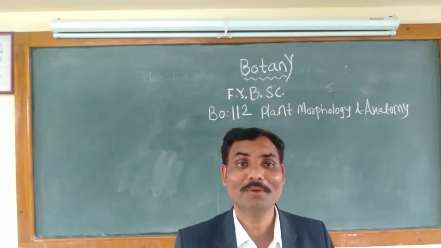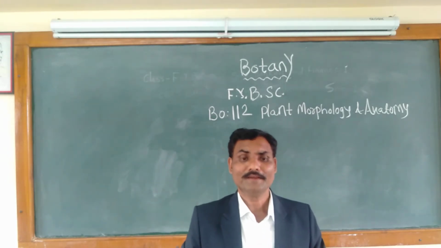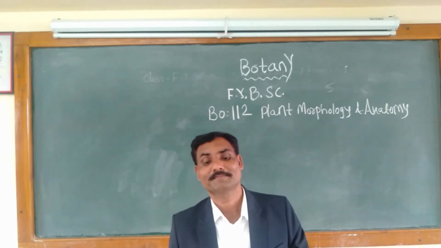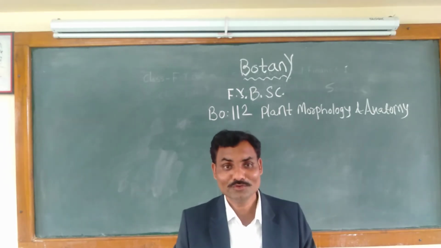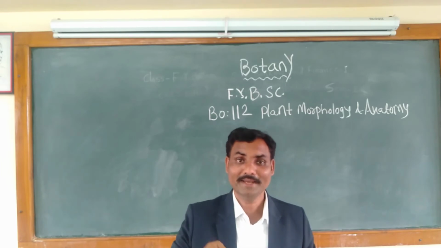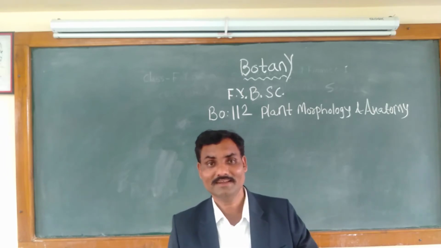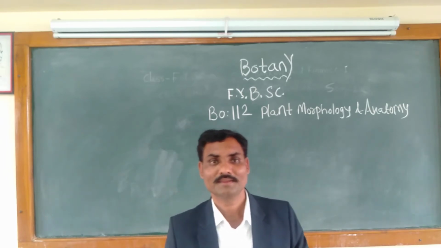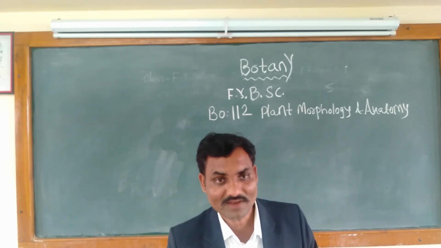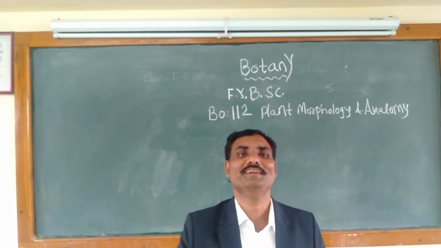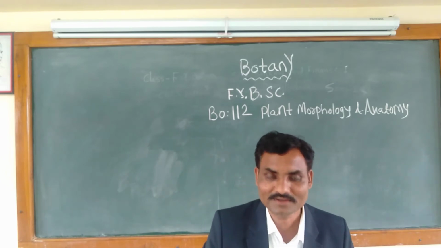That is sexuality. In that sexuality, unisexual flowers, bisexual flowers. We know that. What about unisexual flowers? When either male or female part is present in the flower, that is androecium or gynoecium, that is called unisexual flowers. Then what about bisexual flowers? Both sexes are present, androecium and gynoecium. That is called bisexual flowers.